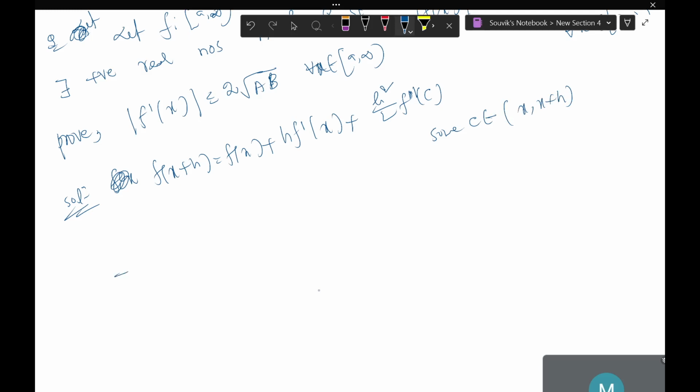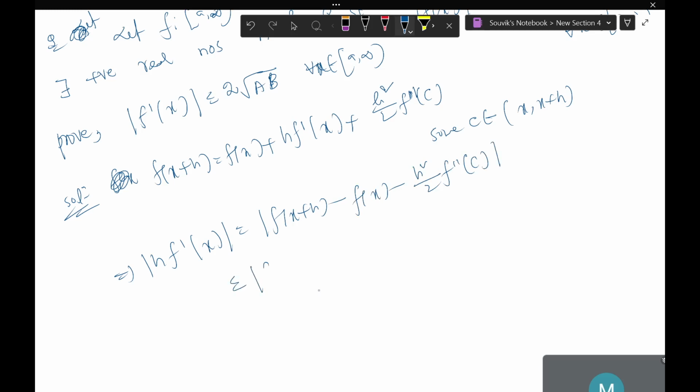So this implies |h f'(x)| = |f(x+h) − f(x) − (h squared by 2) f''(c)|, which is less than or equal to |f(x+h)| + |f(x)| + (h squared by 2)|f''(c)|, right?